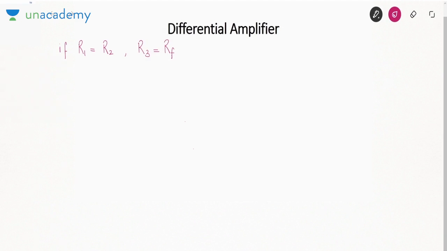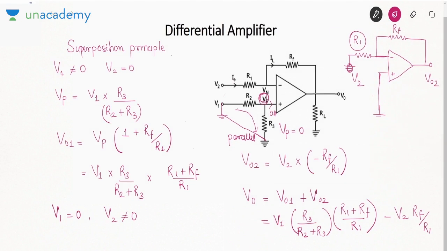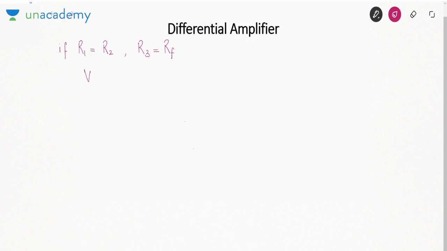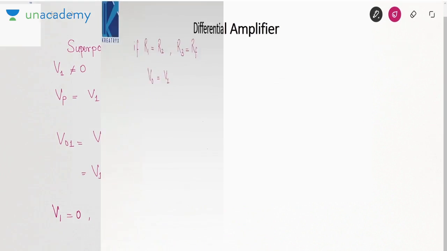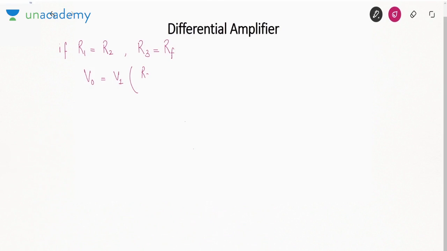Okay. Now, in that case, R2 plus R3 will be R1 plus RF. So V0 will be V1, this term will get cancelled, R1 plus RF and R2 plus R3. It will be V1 into R3 by R1 minus V2 into RF by R1.